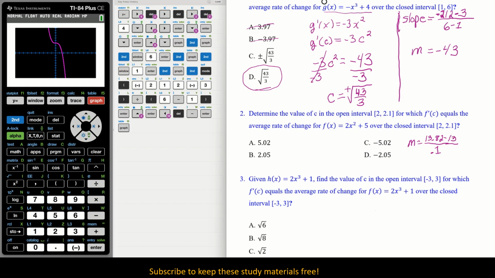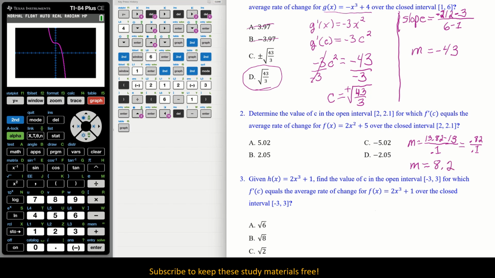Okay. Someday I'll get better at writing with this pen. Okay. So then we know we have a 0.82 over the 0.1, and that gives us 8.2. Okay, which we did in a prior video.